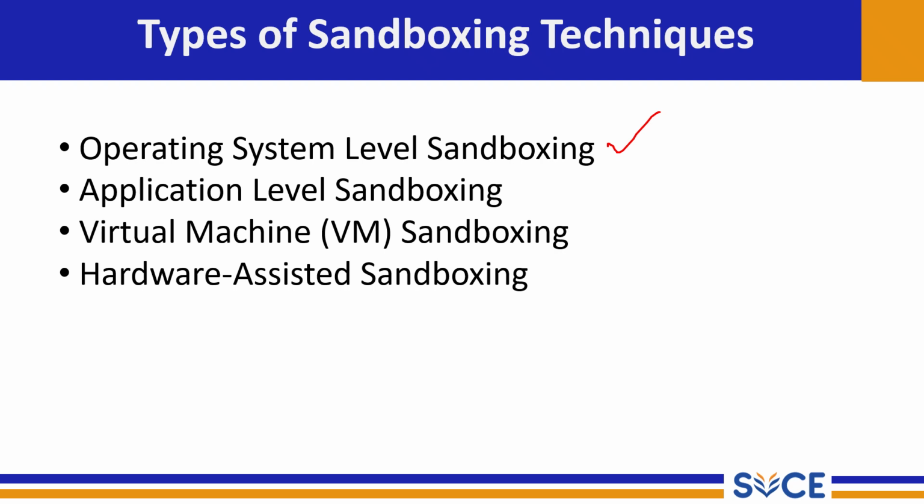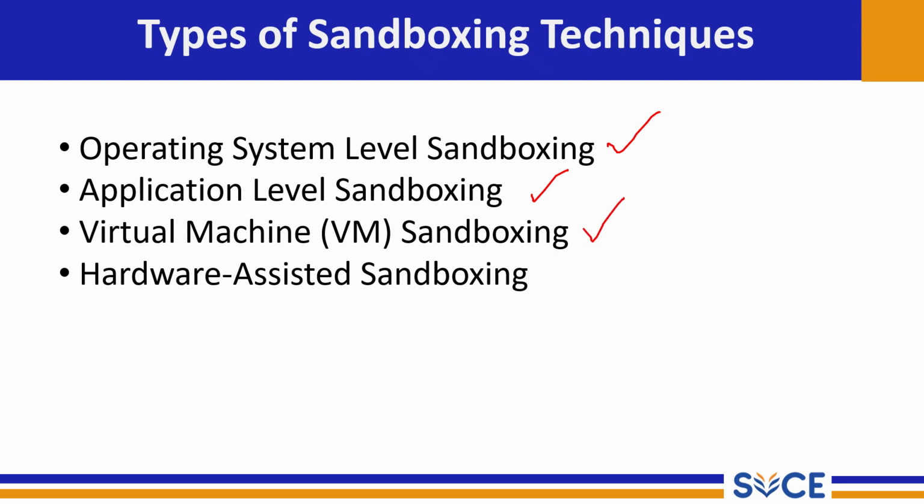The second one is application level sandboxing, which isolates individual applications or processes. It is often used in web browsers and mobile operating systems. The third one is VM sandboxing, that is, virtual machine sandboxing.